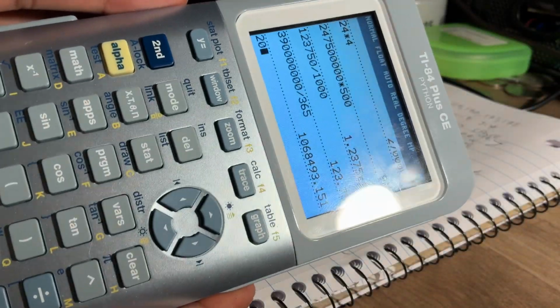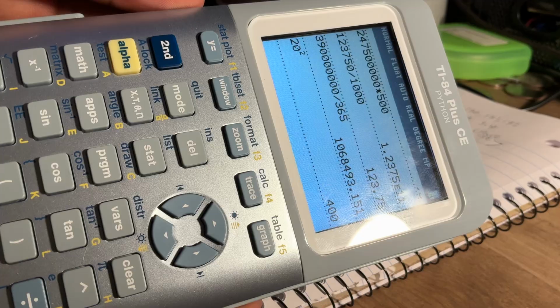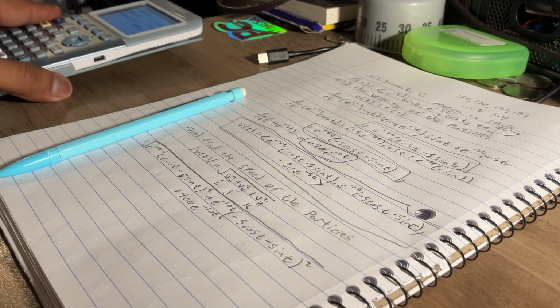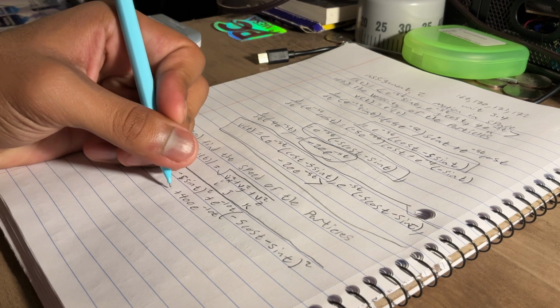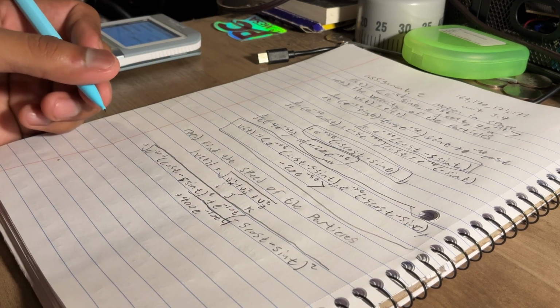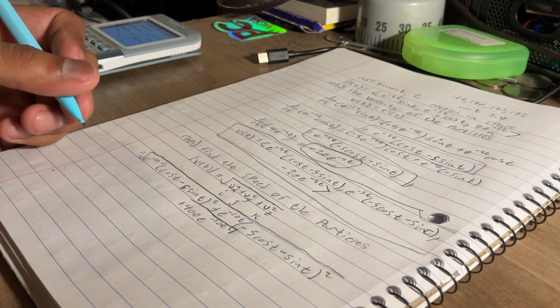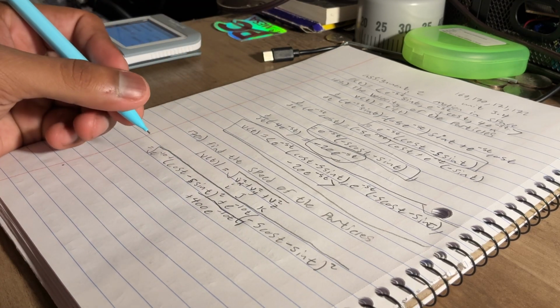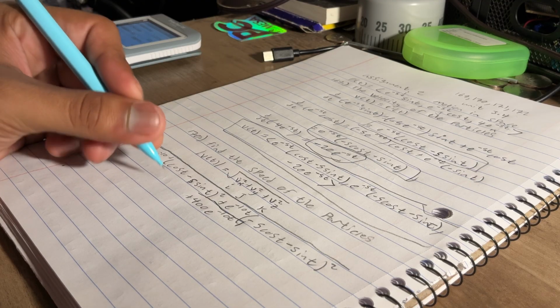So that's 20 to the second power, which is 400. So that's how I got this number right here. And then I'm just gonna continue the square root and end it off right here. And now what I do is I factor out the e to the 10, since it's pretty much a common root to all these.